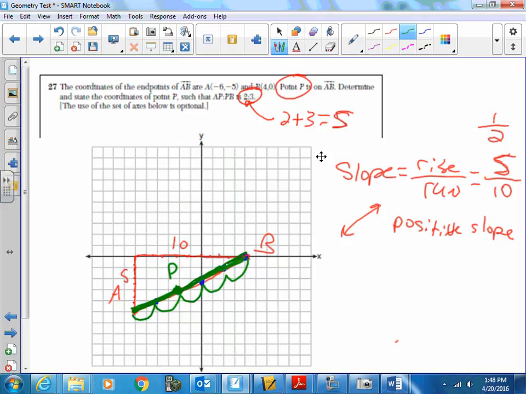So if I have my P right here, that is going to make my ratio 2 to 3. Remember, we have to state the coordinates of point P. The coordinates are -2 and down 3, so we have (-2, -3). That is your point in order for your ratio of AP to PB to be 2 to 3. All right, there you go.